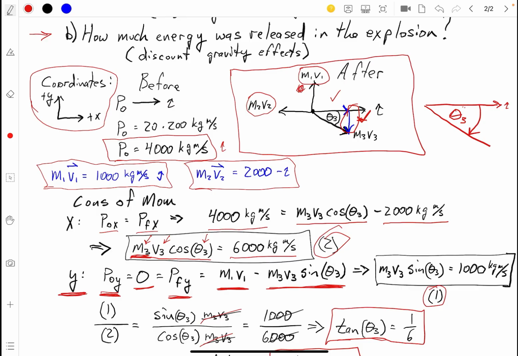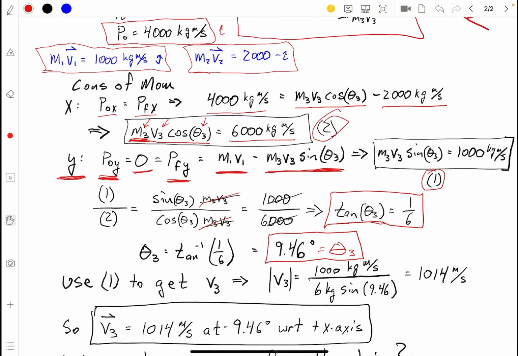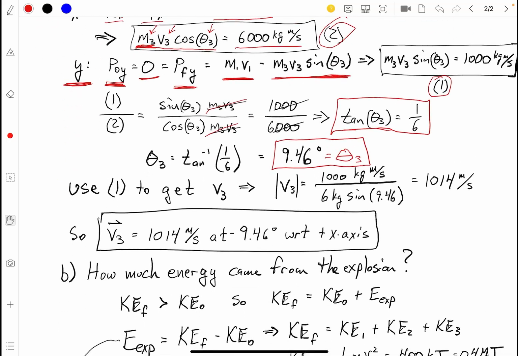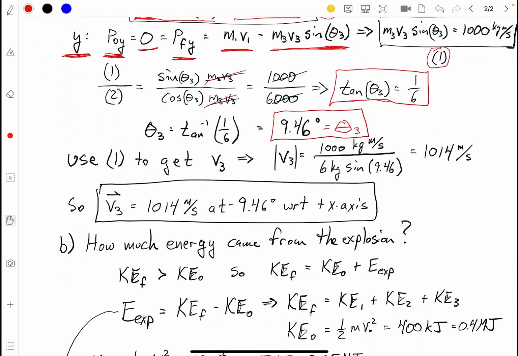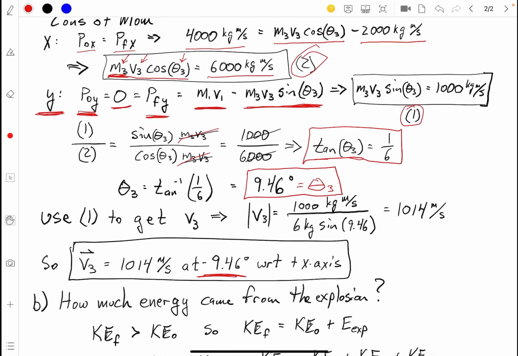We have to know that we're going down. Our computer spits out a positive, but we know that it's a negative, okay? So no matter what happens, when we finally go and write our answer, this has to be a negative, right? So it's at minus 9.46 degrees, okay?